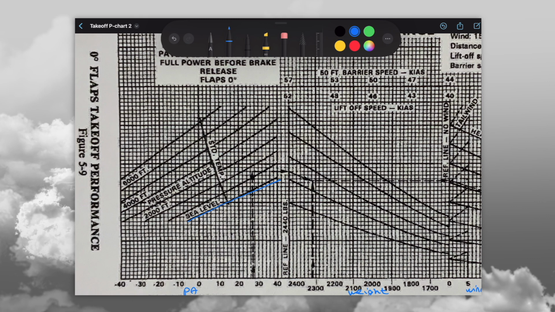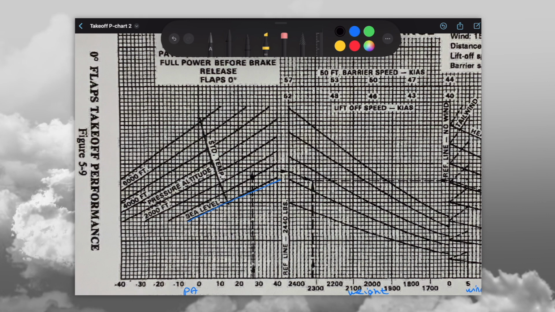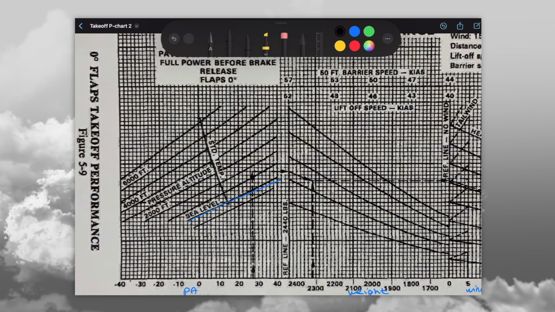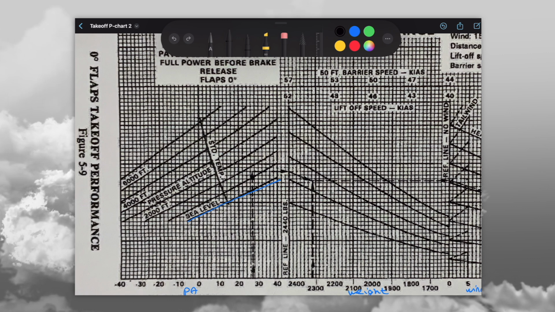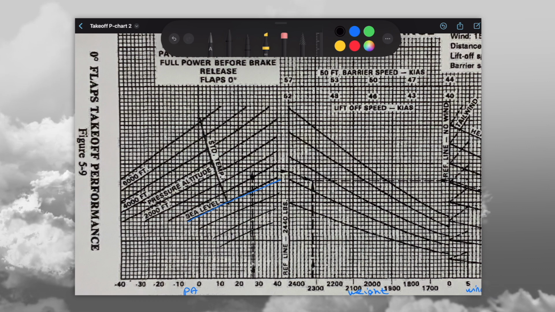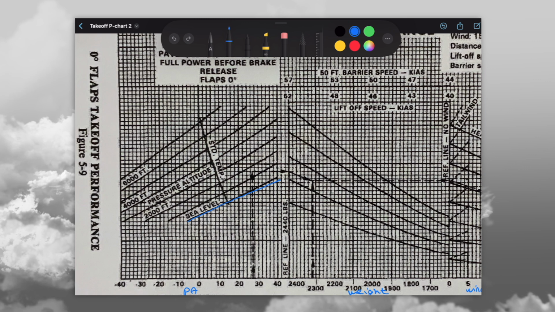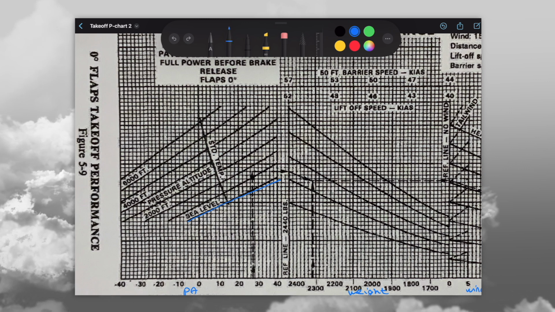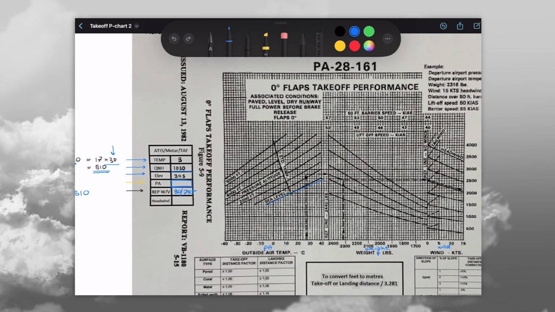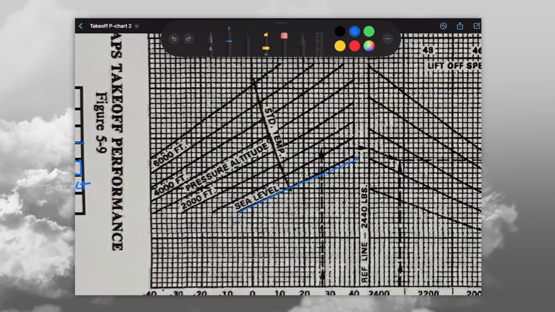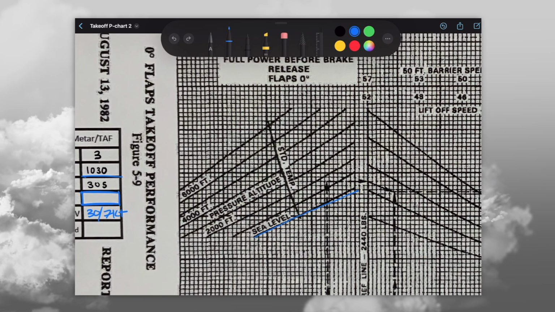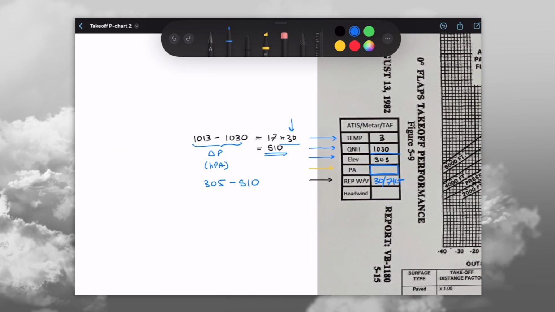So if our pressure altitude that we calculated is below 0 and our aircraft will be performing really well, we still can't draw any lines underneath this bottom line because we don't have any data that's been calibrated. So we're going to assume mean sea level, or sea level altitude, for that part of the calculation.